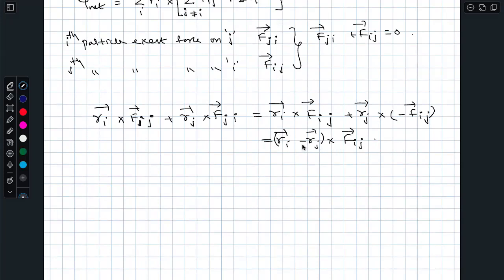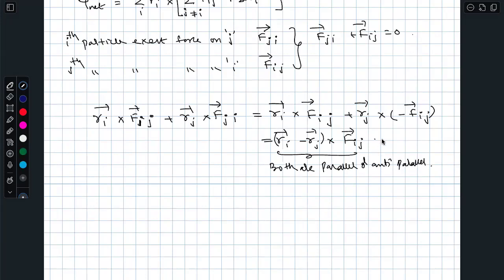But remember, the direction of these two forces is the same, because they are an action-reaction pair, both along the same direction, parallel or anti-parallel.